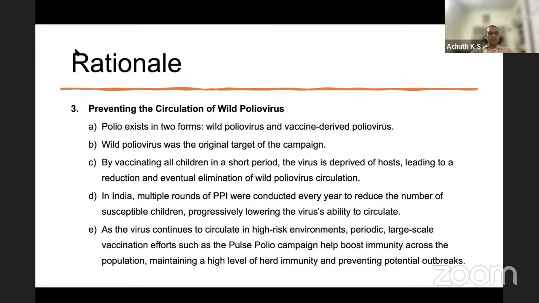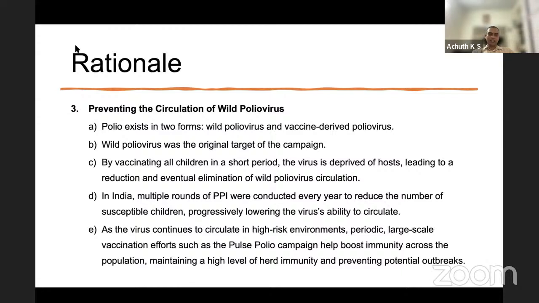Preventing the circulation of wild poliovirus. Poliovirus usually exists in two forms, that is, wild poliovirus and vaccine-derived poliovirus. What was the target? Wild polio was the original target of this campaign. By vaccinating all children in a short period, the virus is deprived of hosts.